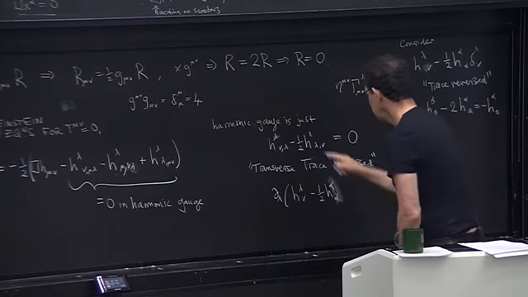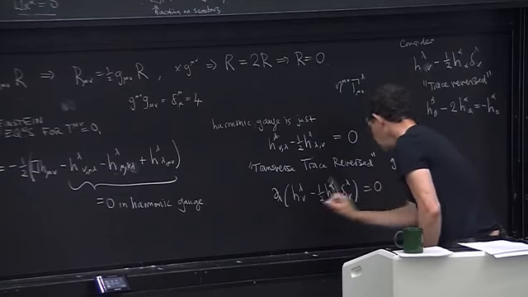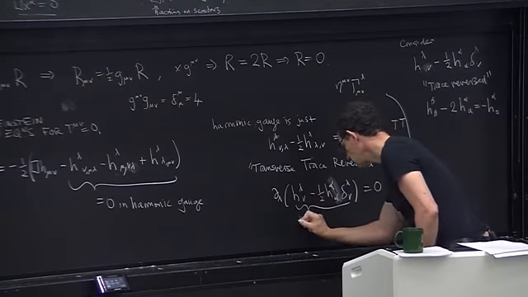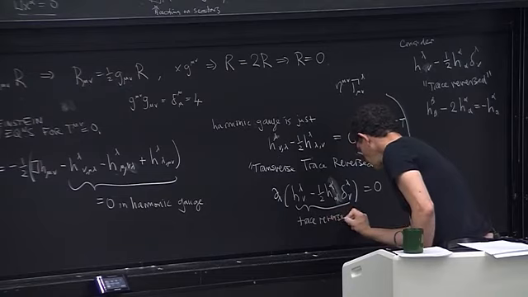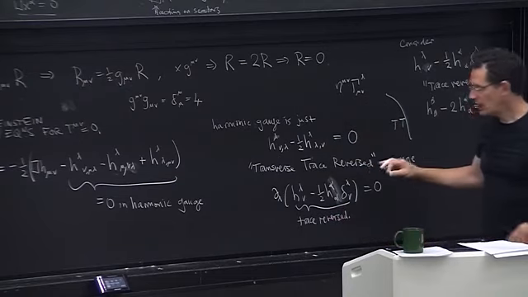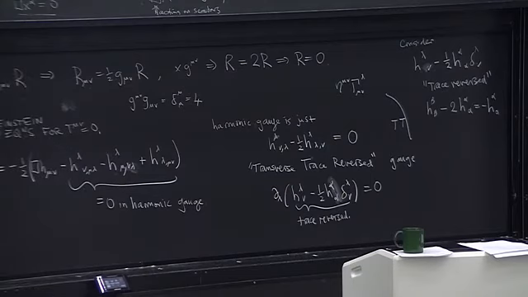Alpha alpha, this guy, times delta lambda nu equals 0. Here is exactly my trace reversed h. Okay, so in this gauge, harmonic gauge, when you go to the linearized theory, is just the transverse trace reversed gauge.